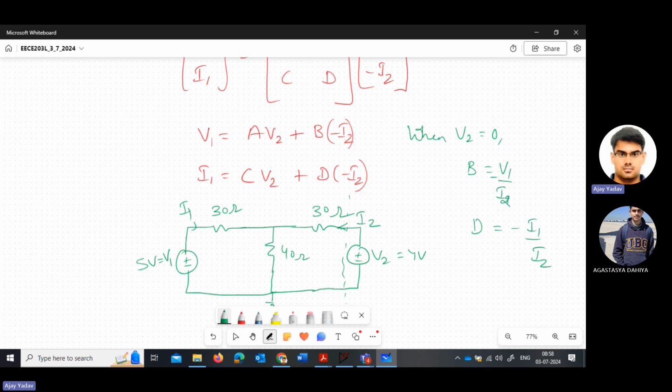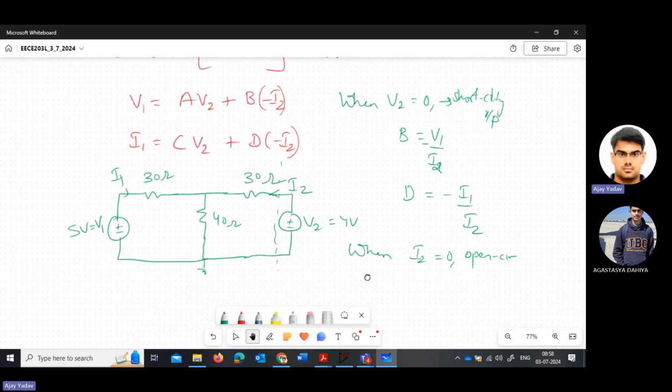Similarly, here we are short circuiting the output. And when I2 equal to 0, we are open circuiting the output. So as a result, we are only playing with the output port.